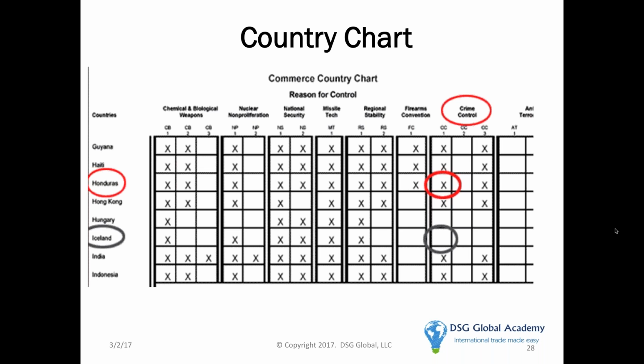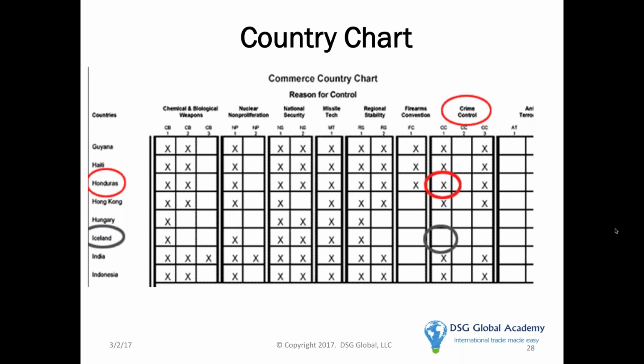And then when you go to the country chart, which is in the regulations, you will see that, for example, suppose your item was tasers. A taser is controlled under the reason for control CC, which is crime control. Some undemocratic governments around the world like to buy tasers, but we don't want those undemocratic dictatorships to have tasers, right, to subjugate their populations.